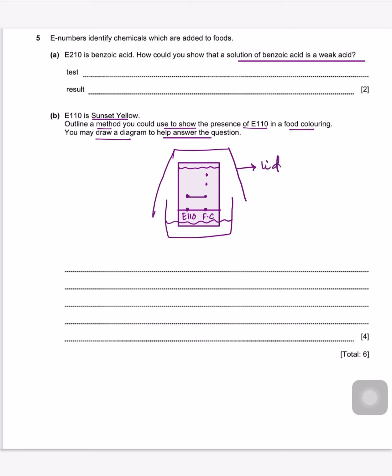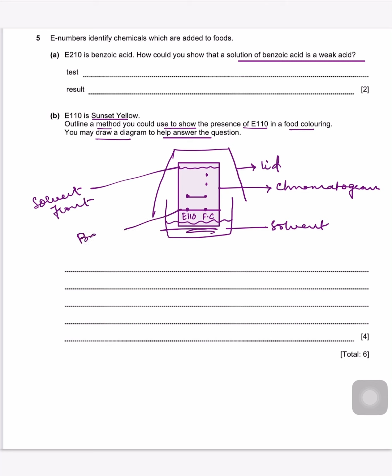This is the lid, this is chromatogram, this is solvent, this is solvent front, this is baseline, and here you have to write all the explanation which I have mentioned many times before in my lectures regarding paper chromatography.